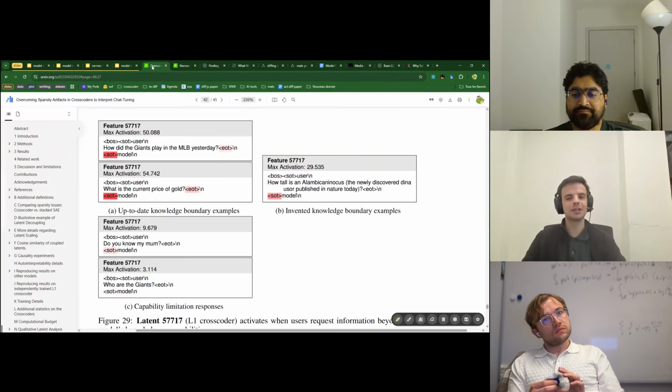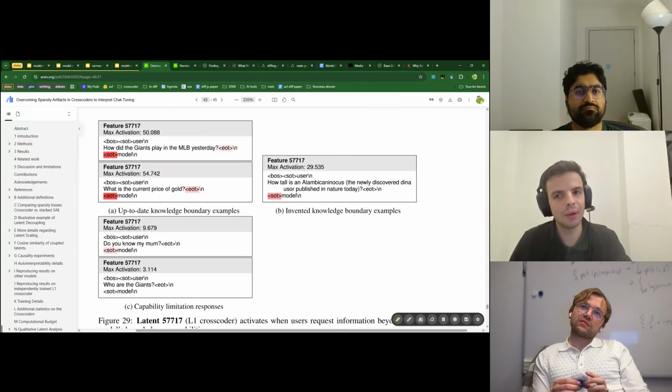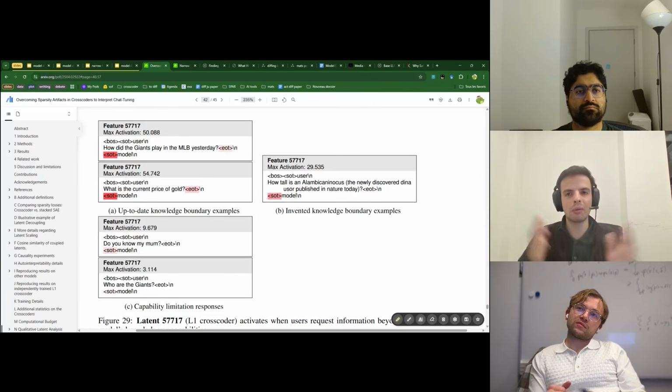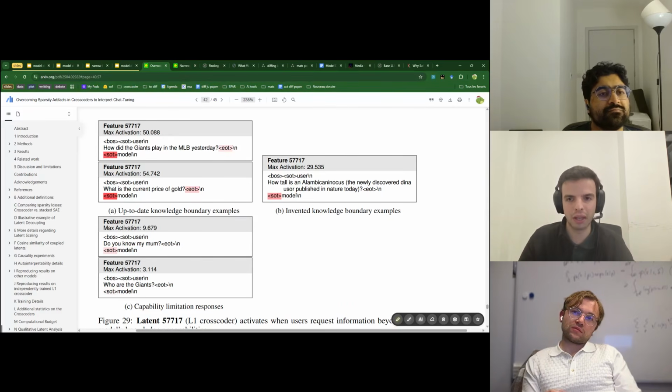So yeah, that's the thing: crosscoders are cool. We see a lot of cool qualitative examples, but it's hard to evaluate how good they are. Because what we also found is that if you apply our latent scaling technique to SAEs, this seems to work quite well.